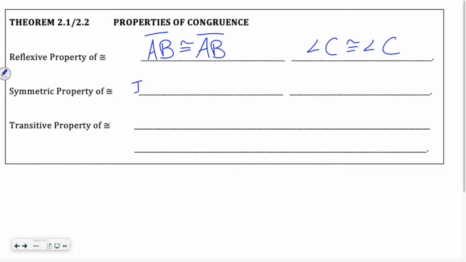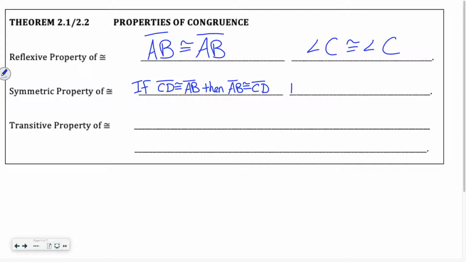Symmetric property. If we talked about segments, we could say something like if segment CD is congruent to segment AB, then segment AB is congruent to segment CD. We just flip the order and it's still going to be equal. Like if x equals 4, 4 equals x.